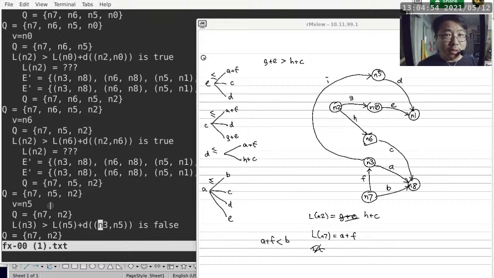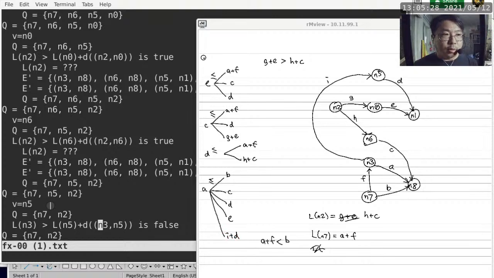Because it's telling us that we did not discover a shorter path. And as a result, we can now claim that L of N3 at this point is just A, okay, is less than or equal to, so we say that A is less than or equal to I plus D.